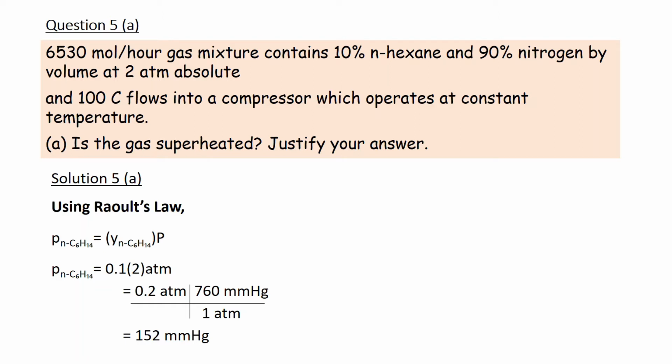To convert to millimeter mercury, we multiply by 760 millimeter mercury, and we get 152 millimeter mercury.